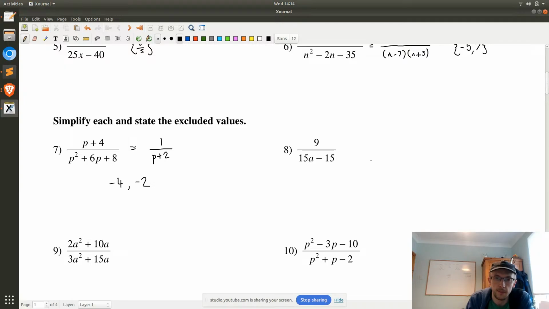And here, the excluded value is simply 1, but you can simplify this to this.